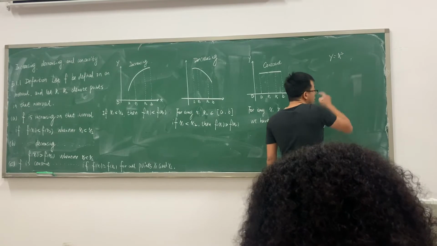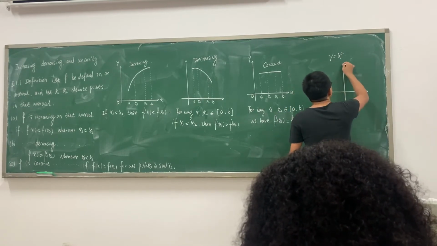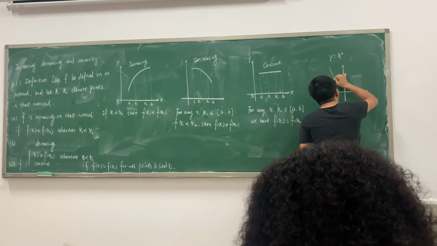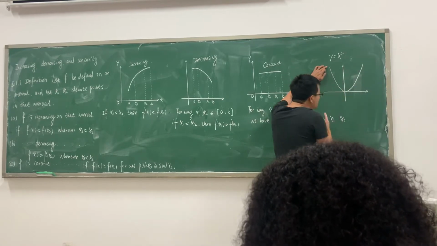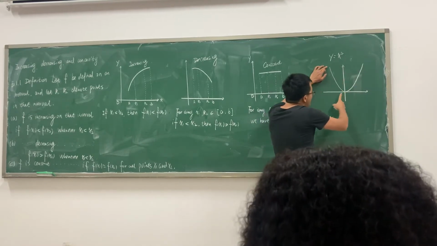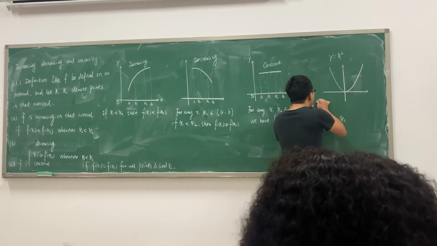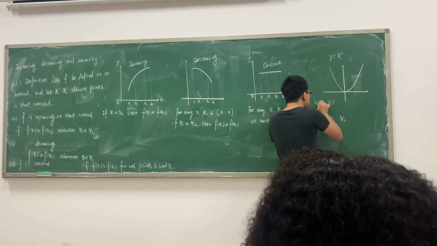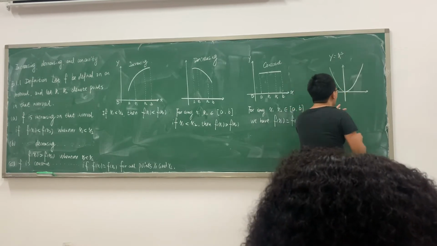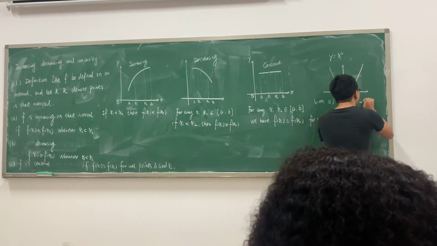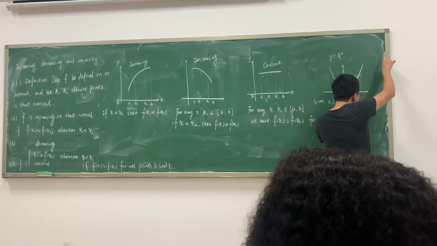We know the graph is like this. It is decreasing in the interval minus infinity to 0, and in 0 to plus infinity the function is increasing.